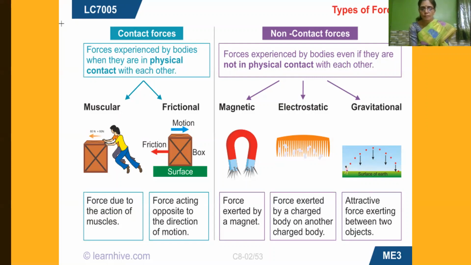So a question may come this way: when you keep a magnet near pieces of iron filings, we can see that iron filings or iron pins get attracted by the magnet. What type of force do you experience? Here you can write magnetic force, depending on the option given. If the options are contact and non-contact, you will select non-contact force. If the options are magnetic force and muscular force, you have to select magnetic force, isn't it?